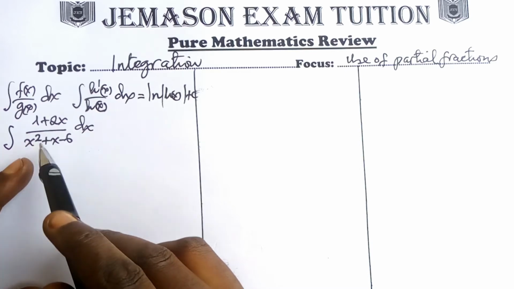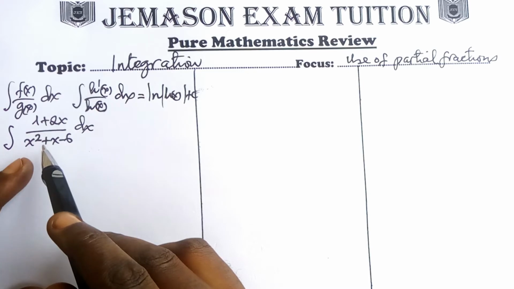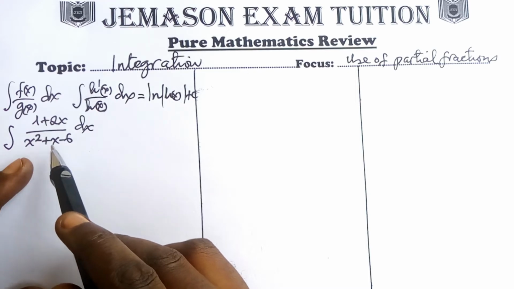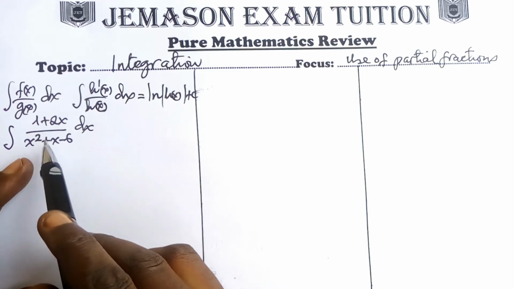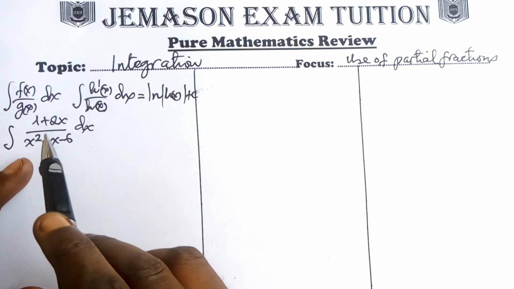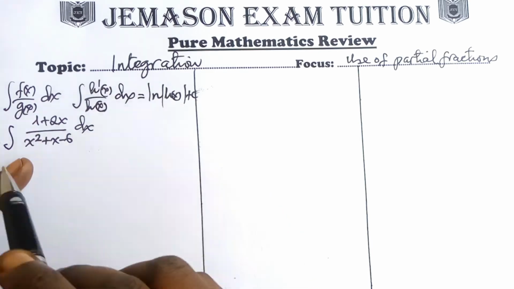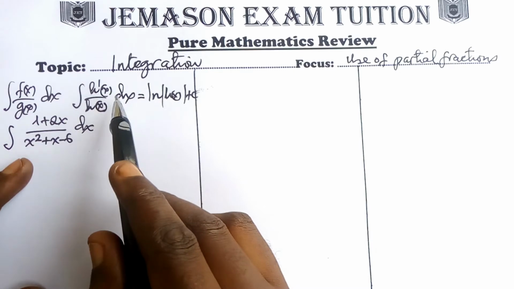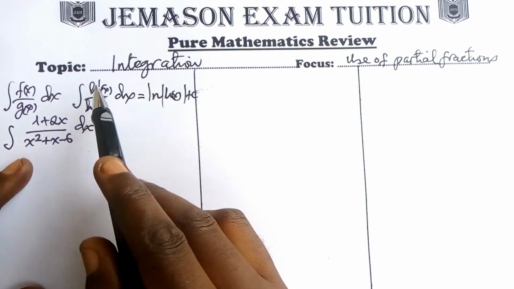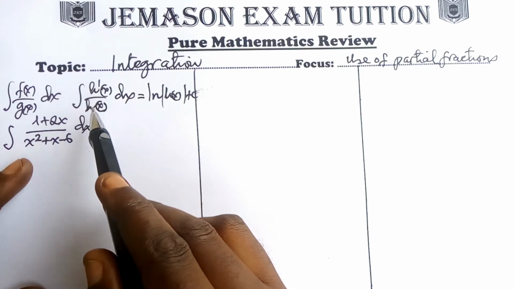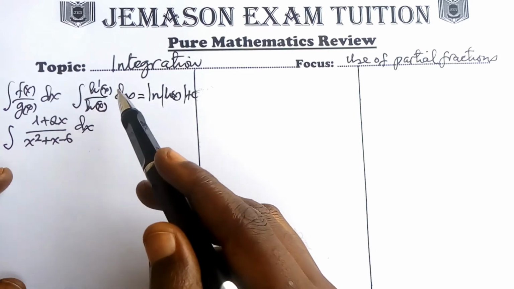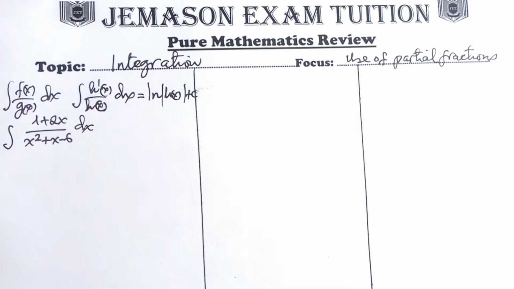It's either a factorizable quadratic or a difference of two squares. But you should always verify whether recognition can work, that is, whether the numerator is an exact differential of the denominator or a constant multiple of it.